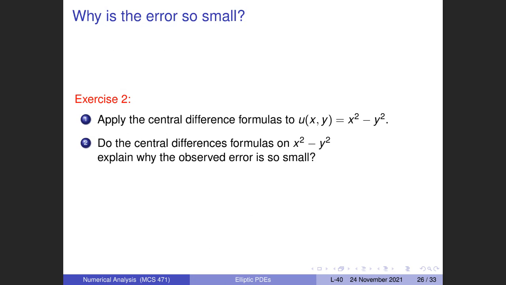And why is that? Well, I leave this to the second exercise. Why is the error actually so small? The central difference formulas would actually predict an h² error.